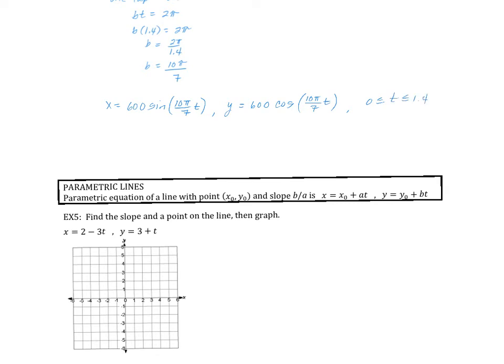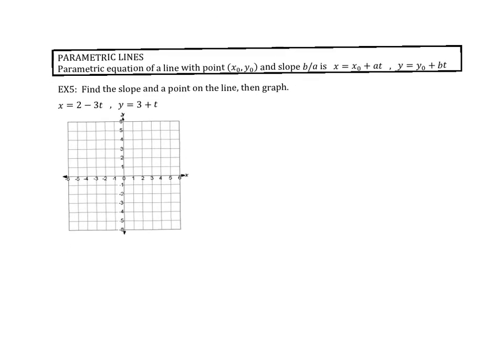Again, this is not unique. If I had chosen to keep my b value as 1, that would have meant I'd have to adjust these t values. But the t values were given to me, so I didn't want to adjust them. We can verify that this gives a circle generated in the clockwise direction for t values from 0 to 1.4. Again, remember, this is not unique.